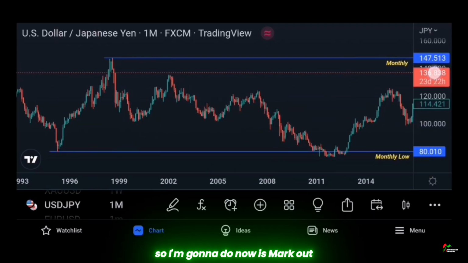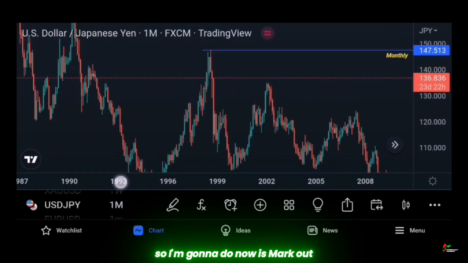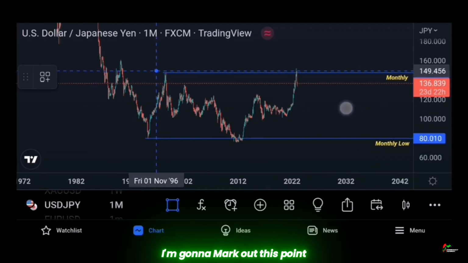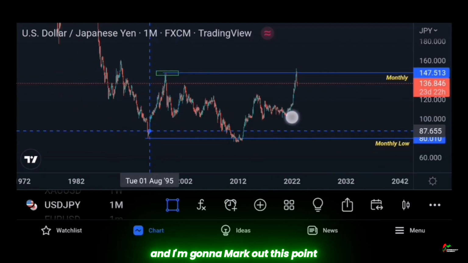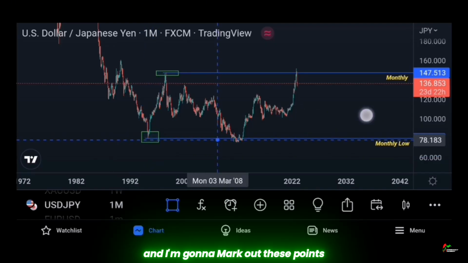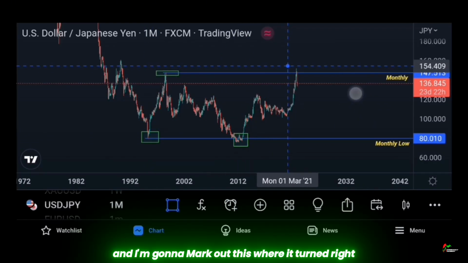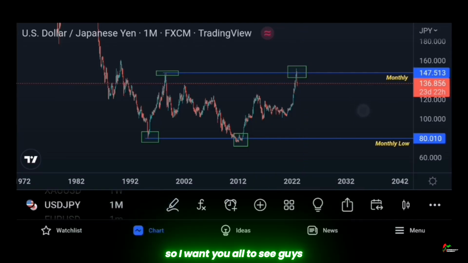I'm going to mark out these points, and mark out where it turned. I want you to see, guys, the kind of candlesticks which actually occur in these high and low levels.